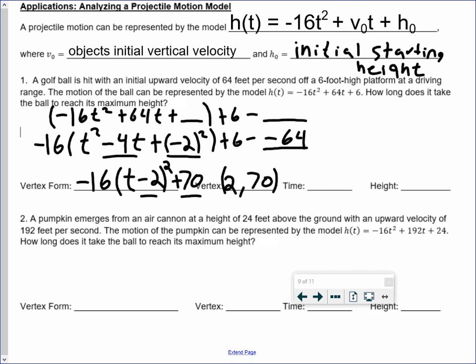So please remember, time will be x. So time is going to be our h value here. So we know it takes 2 seconds. And then the height that it reaches, it's going to be the maximum height that it reaches. It's going to be the y value of the vertex, because y in this instance is our height. So in this case, our height is 70 feet.